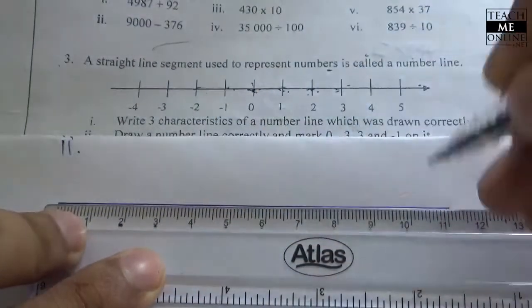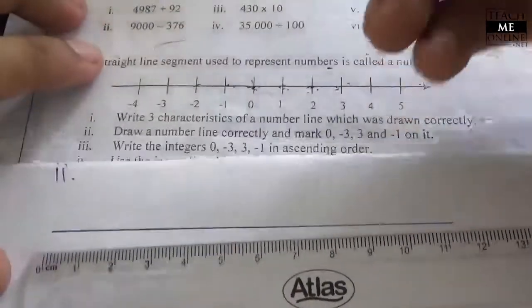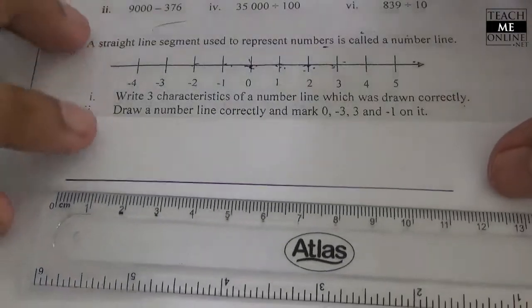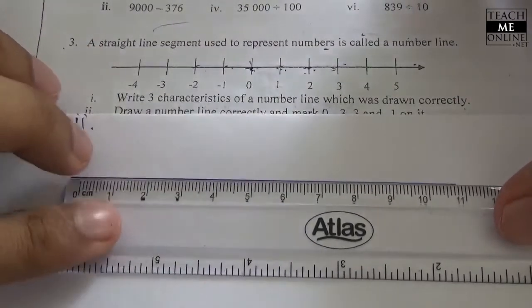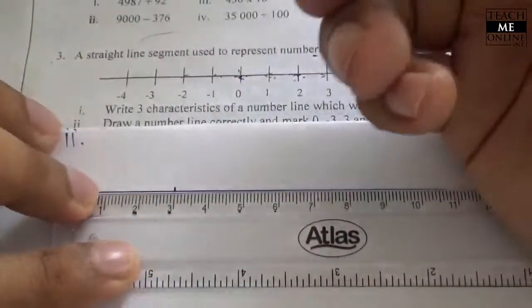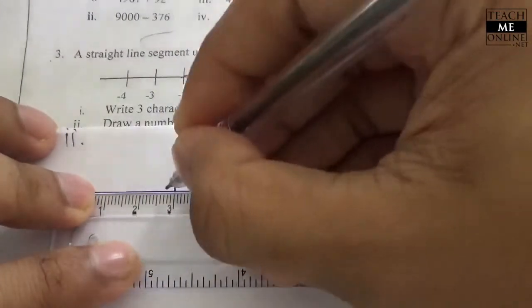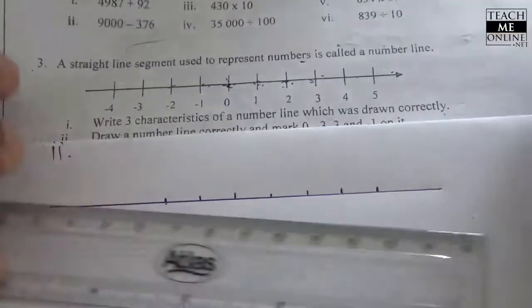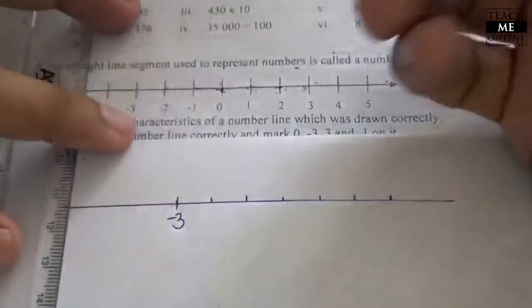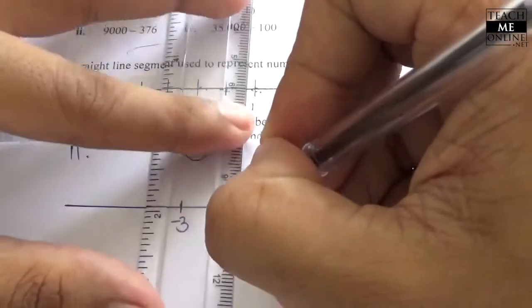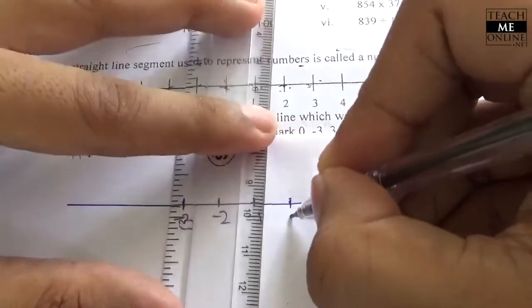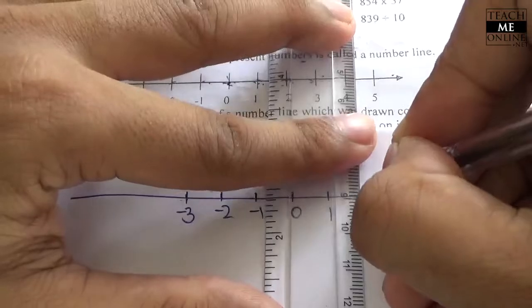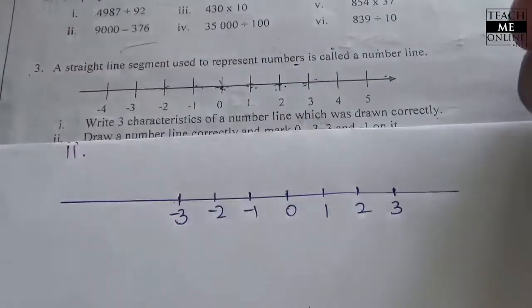So remember, if I take -3 here, -2, -1, 0, 1, 2, 3.